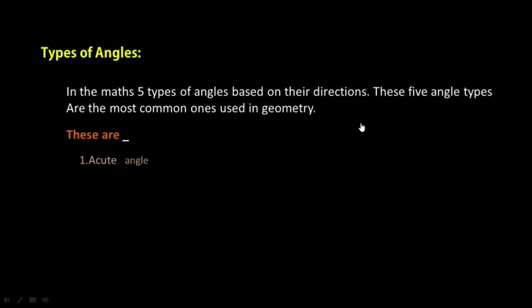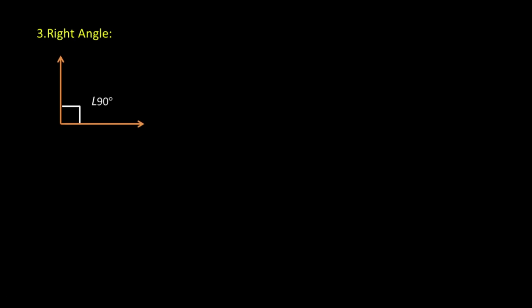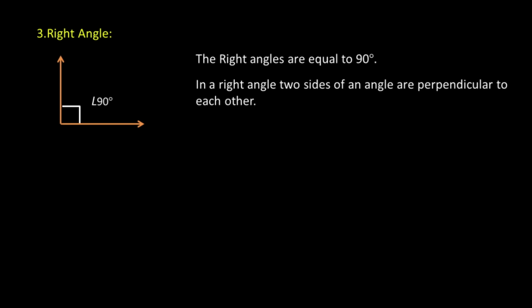These are the acute angle, right angle, obtuse angle, straight angle, and reflex angle. The right angle is equal to 90 degrees. In a right angle, the two sides of the angle are perpendicular to each other.